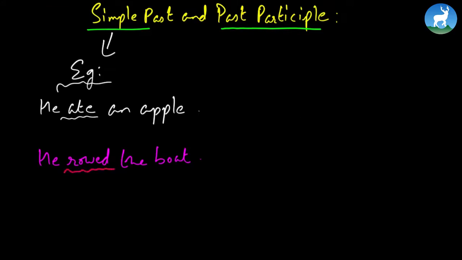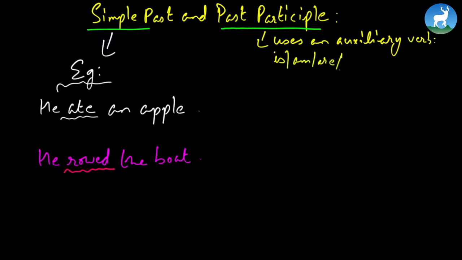Now, past participle always uses an auxiliary verb, such as is, am, are, have, has, had, was, or were.